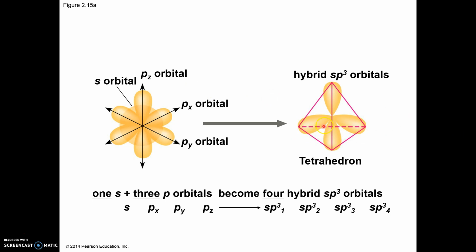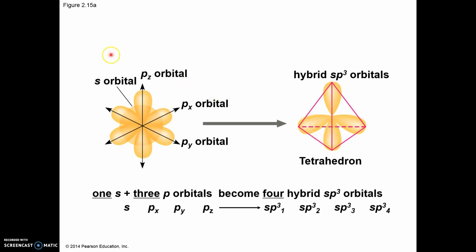So here we have one big lobe that replaces one orbital. And what they don't show you here is there is actually a little tiny lobe that should extend on the other side of the nucleus, but it's tiny in comparison to this side. And here we have another lobe, and here we have another lobe, and here we have another lobe. So we have 1, 2, 3, 4 orbitals.